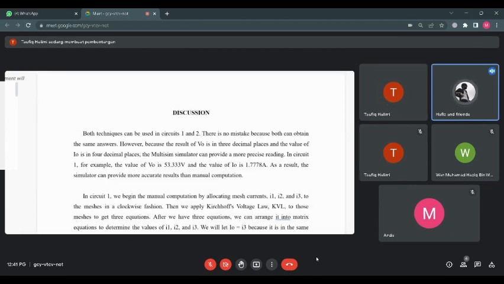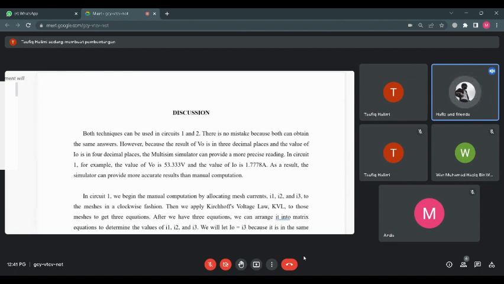For comparison, we can conclude that both techniques can be used in circuit 1 and circuit 2. There is no mistake because both obtain the same answer. However, because the Multisim result of V0 is in 3 decimal places and the value of I0 is in 4 decimal places, the simulator can provide a more precise reading.